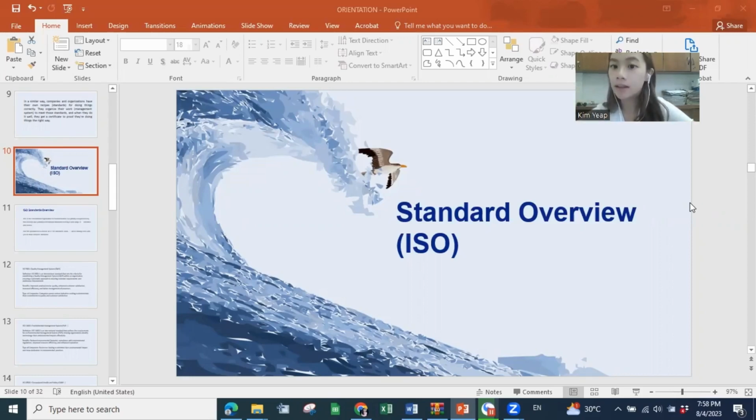To make sure they follow the standard is our job. There are many types of standards that we help our clients follow. It's not just one book that all clients from all industries follow.